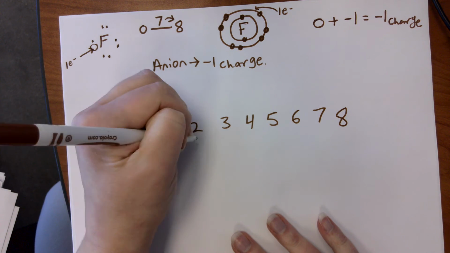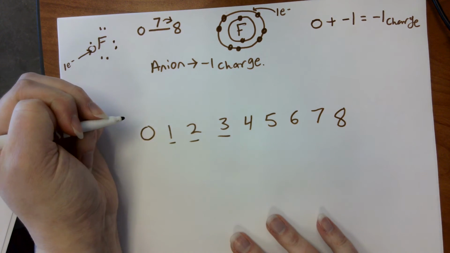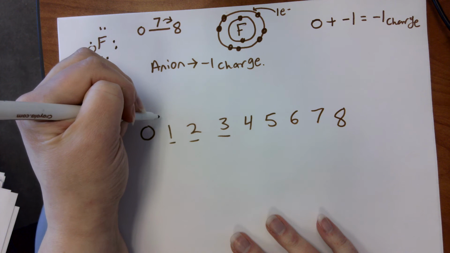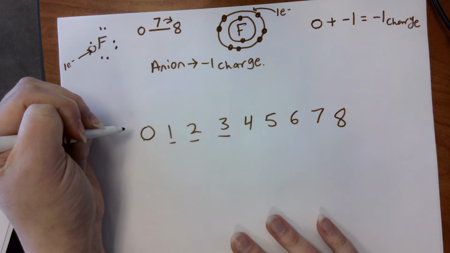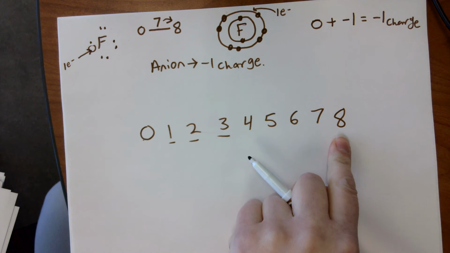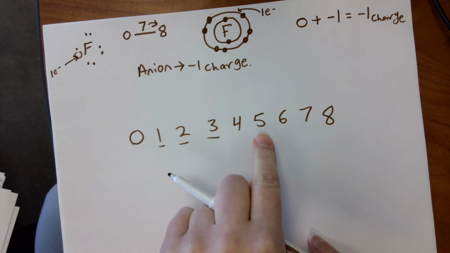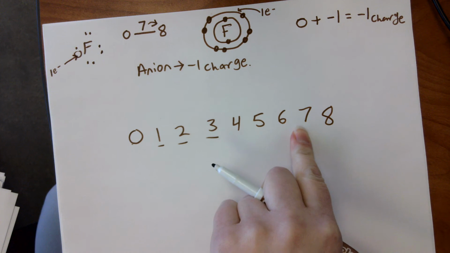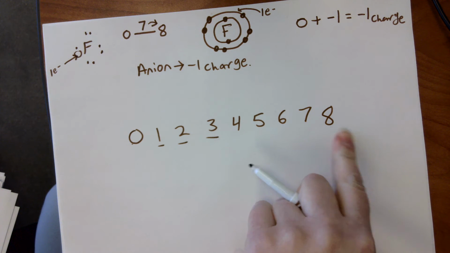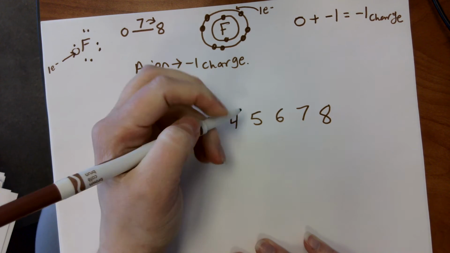Anything that has 1, 2, 3 valence electrons typically want to lose those because they're closer to 0 than they are to 8. Whereas those that are 5, 6, and 7 valence electrons are closer to 8 and would rather gain electrons.